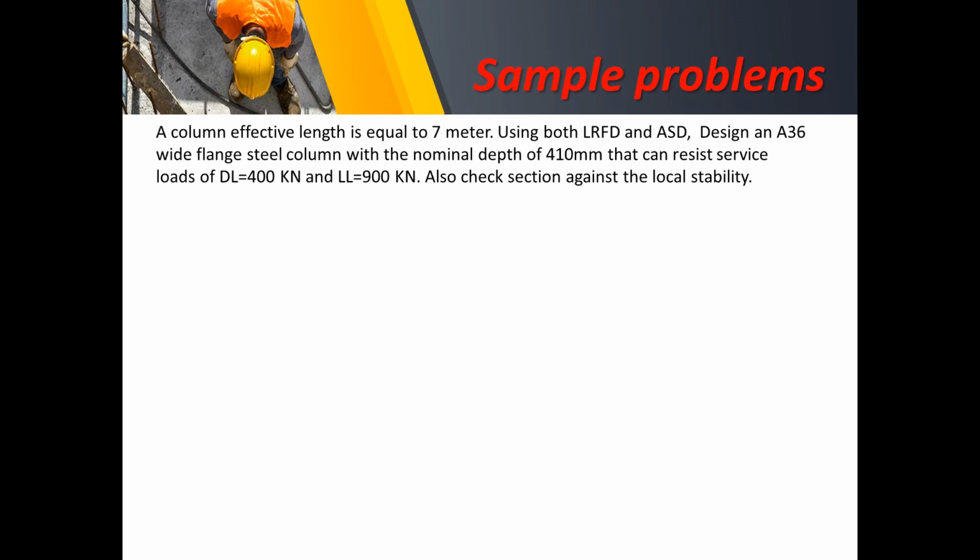So let us take that into examples. First, we have a column with an effective length equal to 7 meters. Using both LRFD and ASD, design an A36 steel wide flange column with a nominal depth of 410 millimeters that can resist service loads of 400 kN dead load and 900 kN live load.